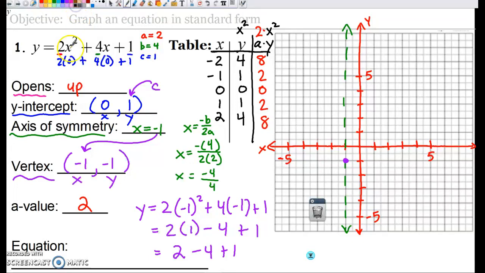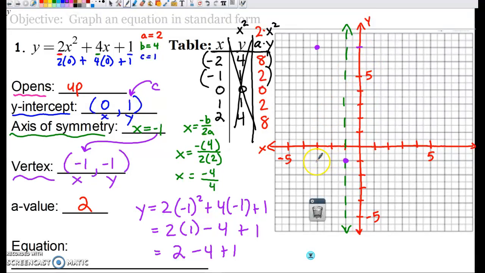Now, because I'm graphing something with an a value, I don't need the middle column, and I'm going to graph all of these other coordinates from the vertex. So I'm going to graph negative 2, 8 from the vertex: negative 2 on the x, 8 on the positive y, 1, 2, 3, 4, 5, 6, 7, 8. So that looks like it's at negative 3, 7, but that's not where we went.